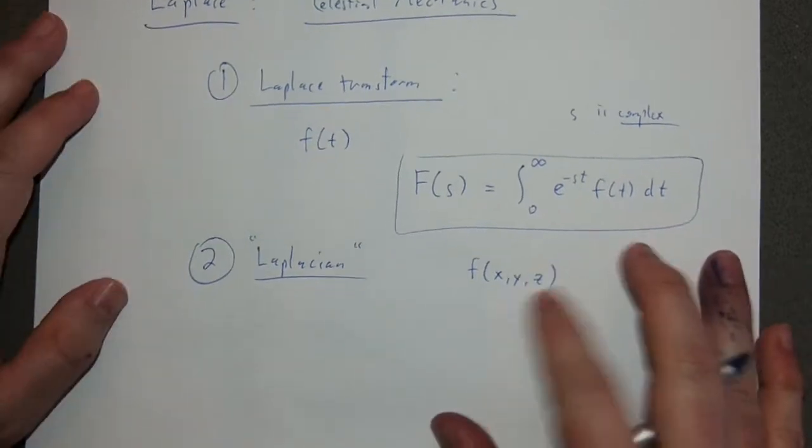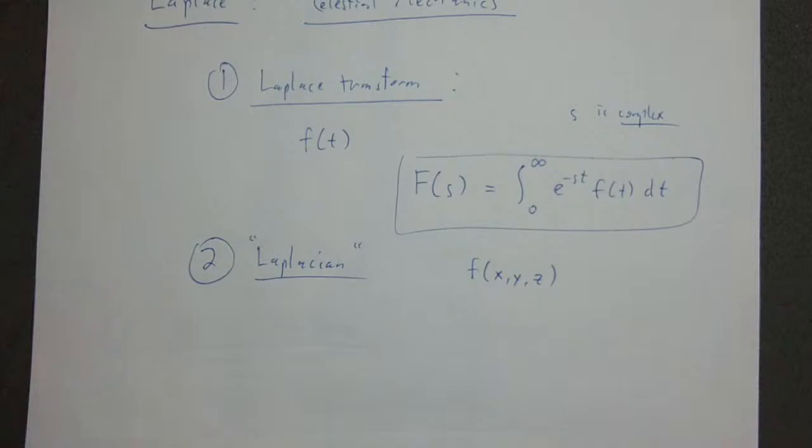Just like there are derivatives of a single variable, when you have a function of more than 1 variable, there's not a notion of the derivative anymore, but there is a notion of partial derivatives. So it's a derivative with respect to one of the variables.